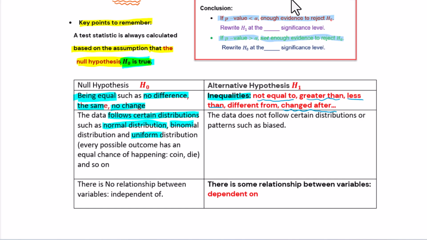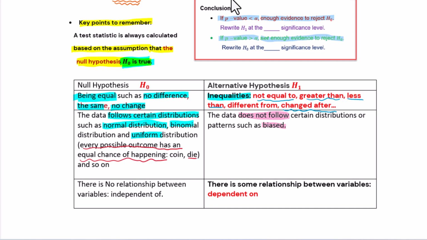Uniform distribution means every possible outcome has an equal chance of happening, like a standard die and so on. Opposite to H0, for H1, we always use the words doesn't follow certain distribution, like the coin is biased.